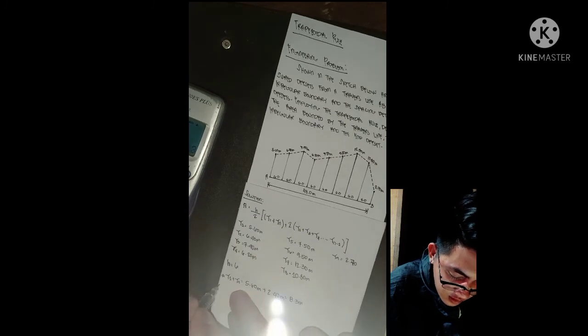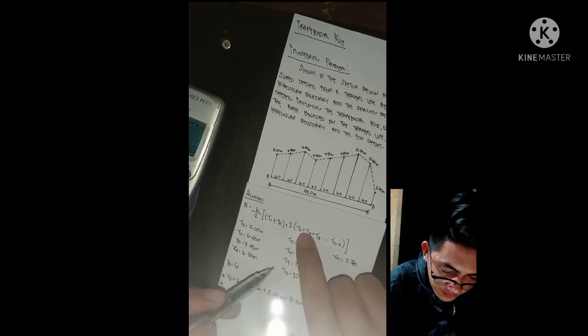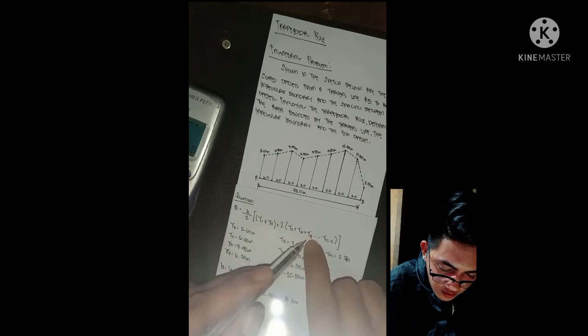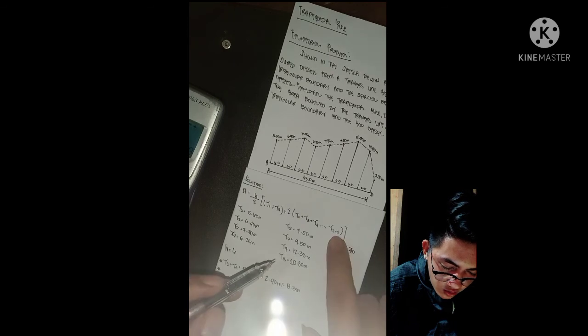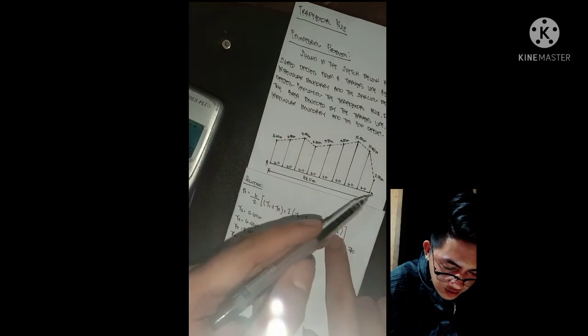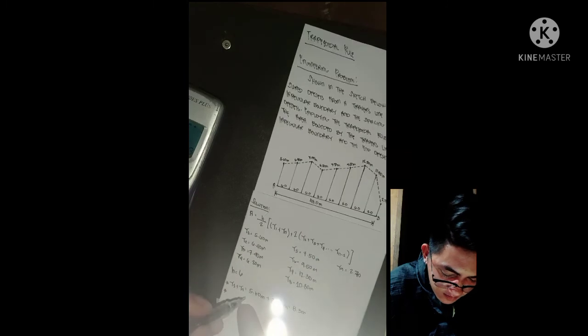And for our y2 plus y3 plus y4 until y sub n minus 1, or until our y sub 8, since our n is equal to 9, so minus 1 is 8.